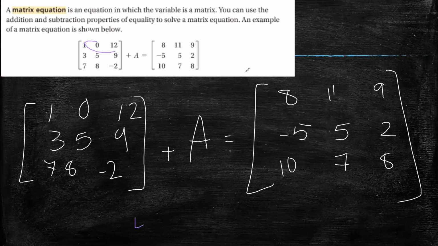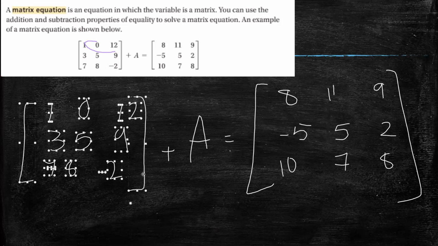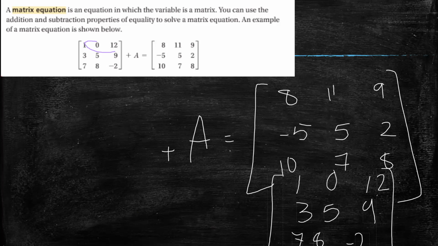It's like 4 plus A equals 7. To solve 4 plus A equals 7, what did you say? You say I will subtract 4 from both sides. Here we have the same in matrices. You want to find A now. So let's subtract this matrix from this one, like moving them to the second side.